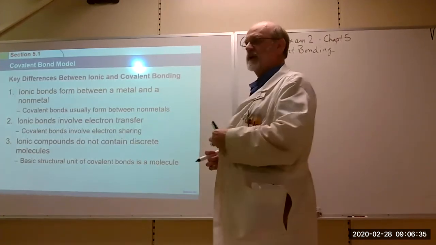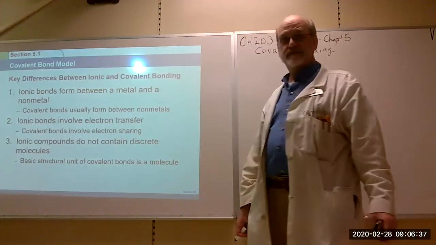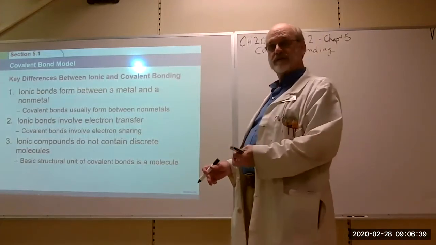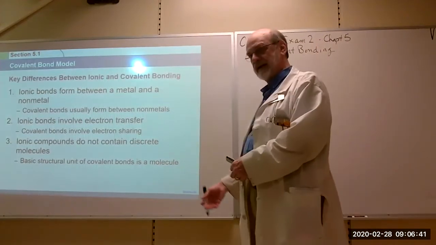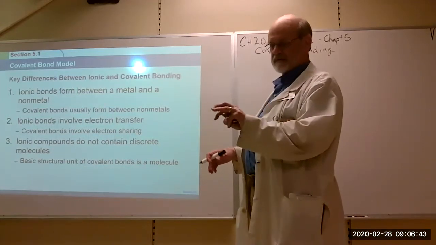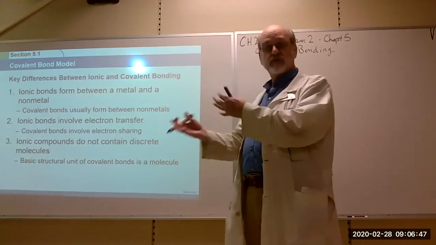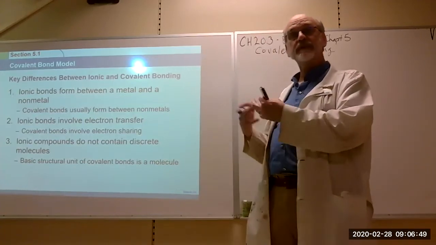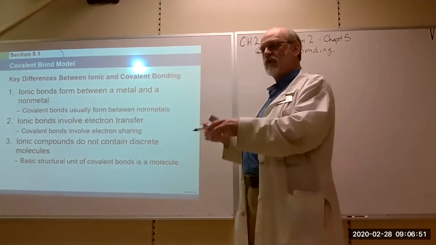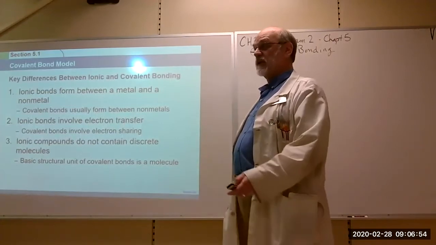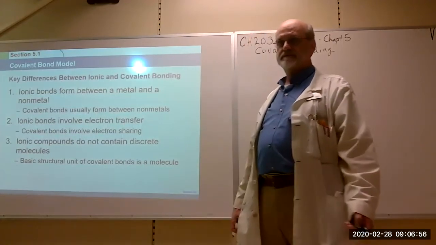Because when you share electrons, the sky is the limit. When you're working with ions, you've got this ion and that ion, and occasionally you'll have maybe one metal ion that could have 2 or maybe 3 possible charges, right? So you're limited there in absolute charge. But when you're talking about sharing electrons, the sky is the limit.